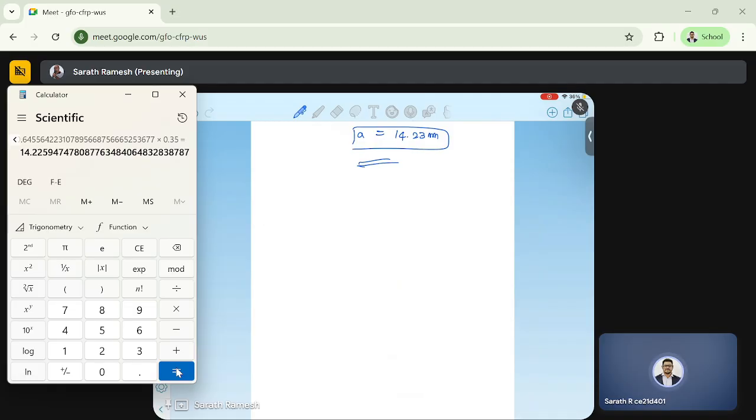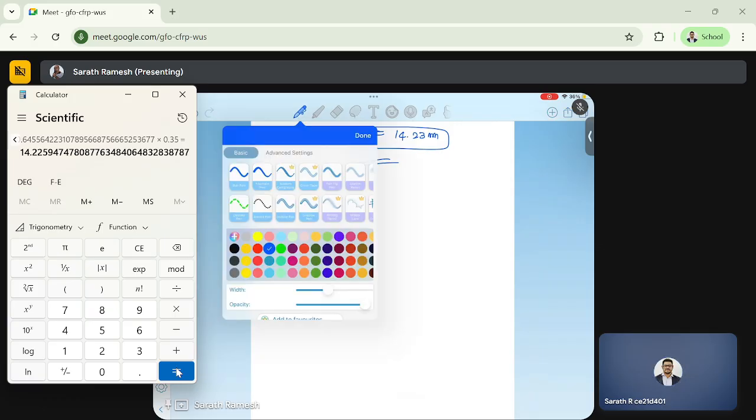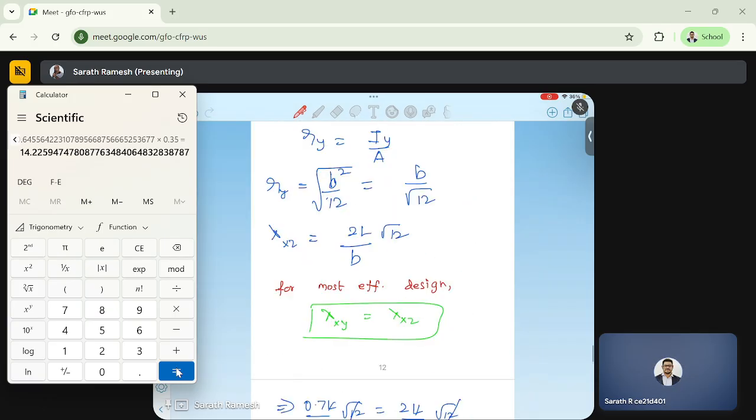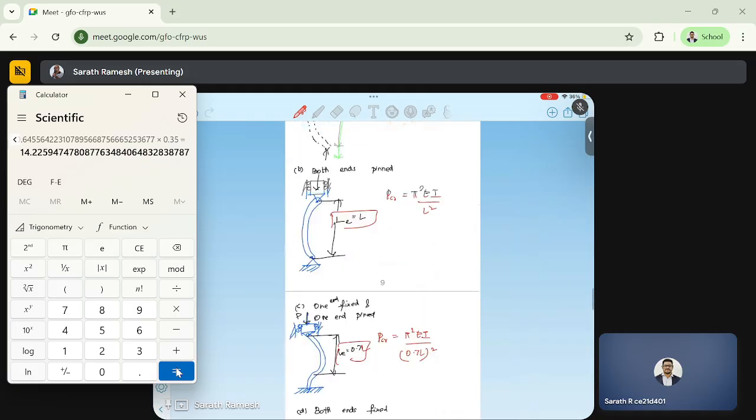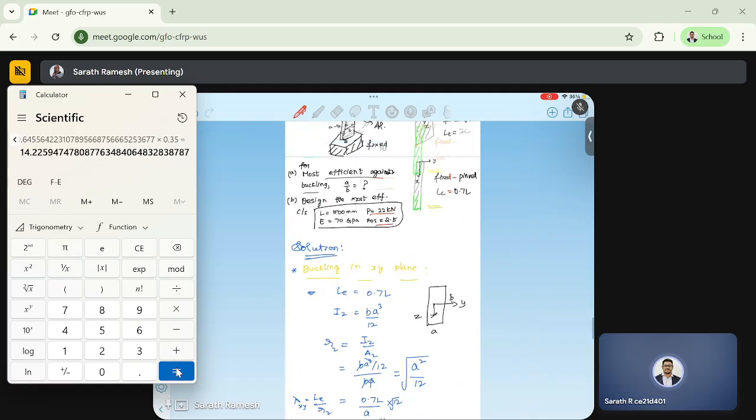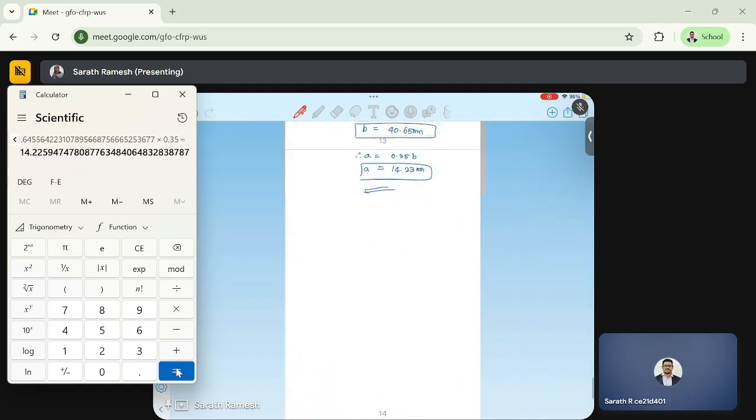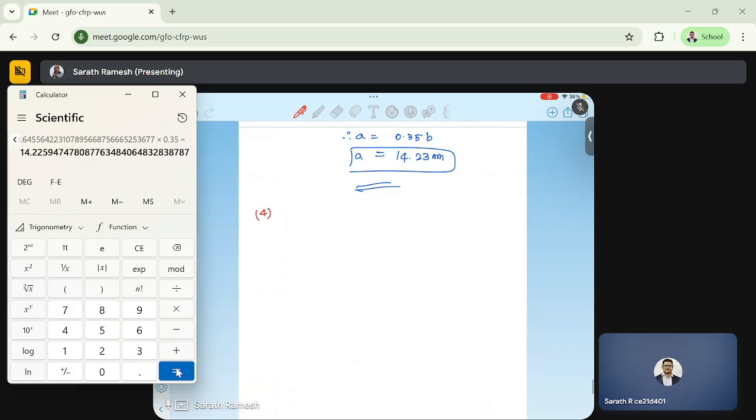So the final topic that we still have is the secant formula. The fourth topic, final topic of the day, secant formula. So, what will I do if suppose the column has some eccentricity?